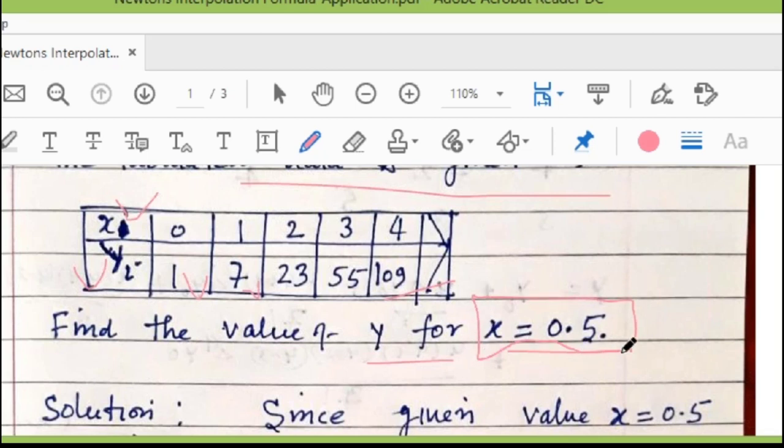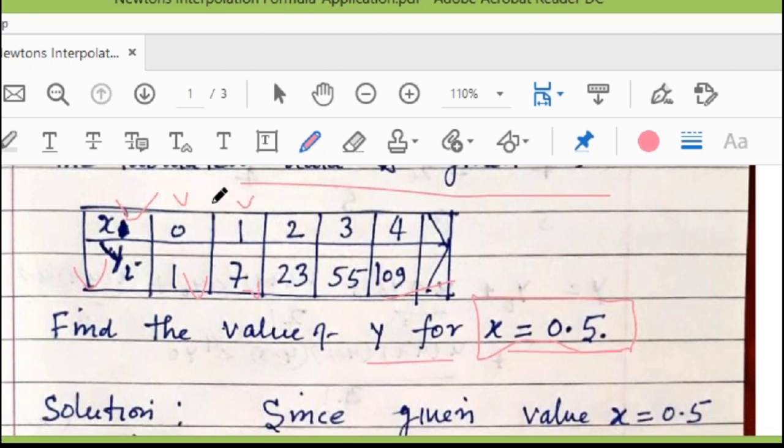So find the value of y for x equal to, please be mindful about this very value, x is equal to 0.5. Where is it going to lie? You look here: this is the value of x 0, and this is the value of x 1.